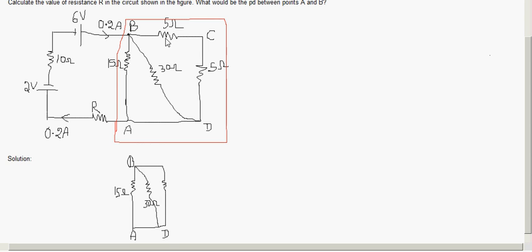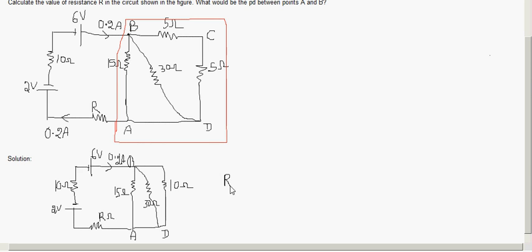These 5 ohm resistors are in series, so 5 plus 5 is equal to 10 ohm. Then we have the remaining circuit as it is: 6 volt, R ohm, 10 ohm, 2 volt, 0.2 amps.